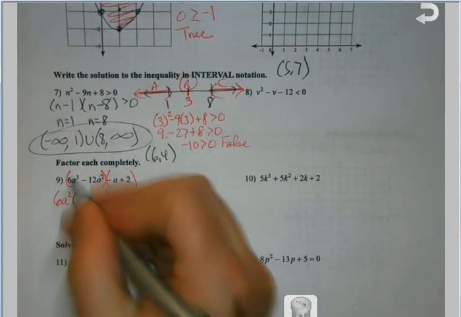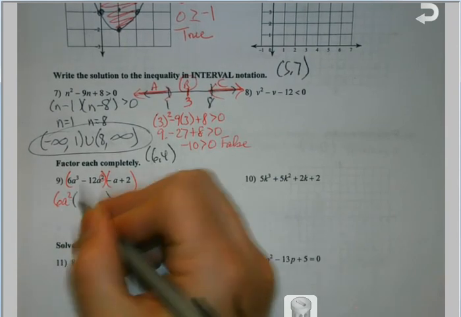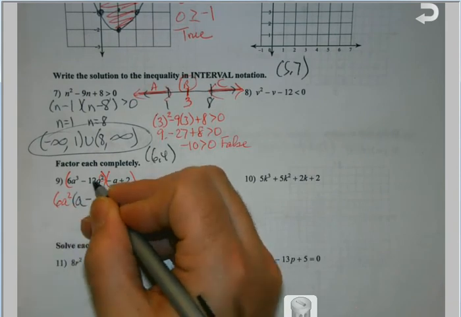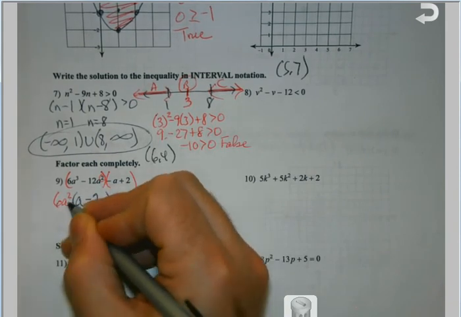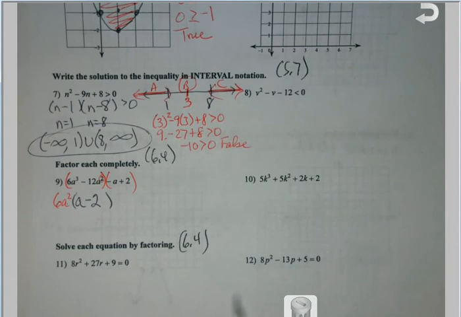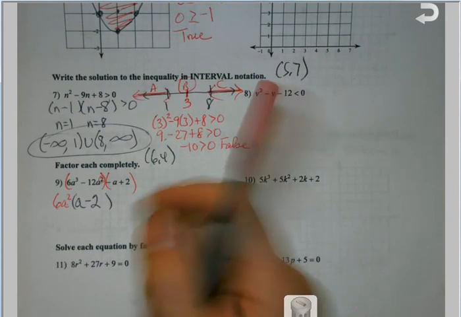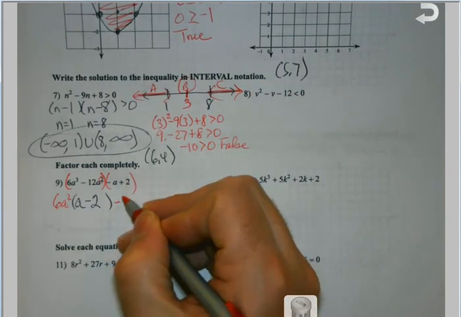So I already got the 6. I got 2 A's. I need to get to 3. 6 times 2 gets me to 12, and I already got the A. Now remember, when I do the second one, I better get A minus 2 for my parentheses, otherwise I'm in trouble. You're like, well, Harty, these have nothing in common. Well, I see a negative, so I'm going to pull a -1 and hope this works.